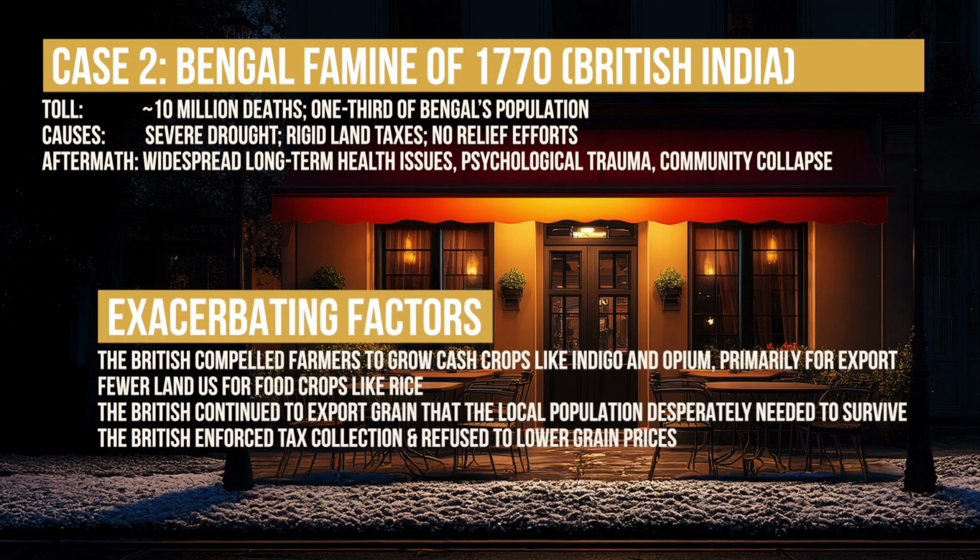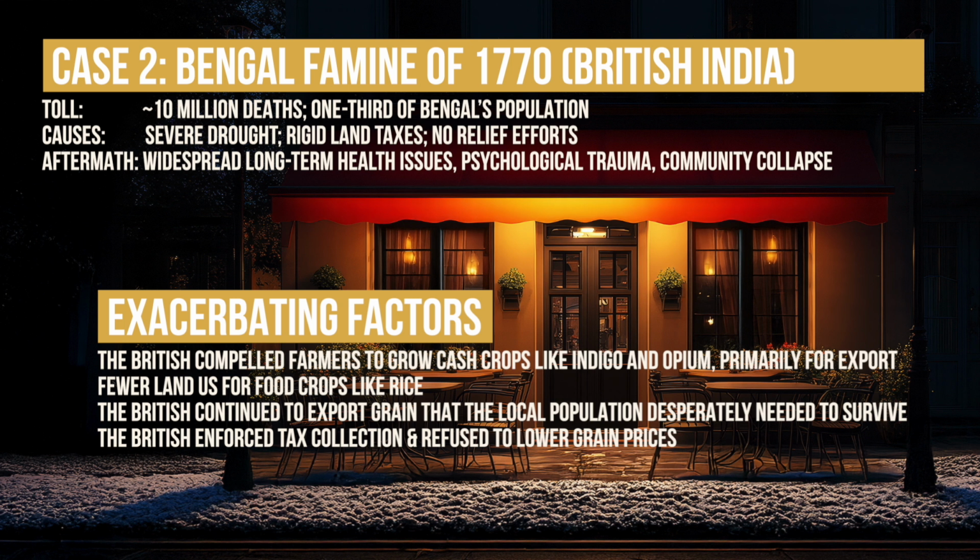Making matters worse, the British compelled farmers to grow cash crops like indigo and opium, primarily for export. These crops were lucrative but took away land that could have been used to grow food such as rice. Additionally, the British continued to export grain that the local population desperately needed to survive.